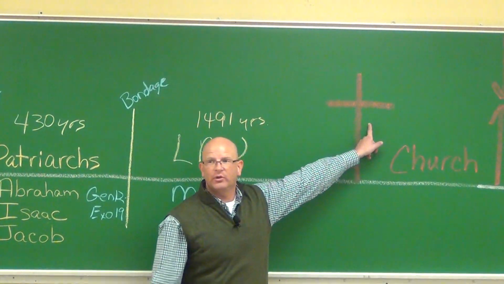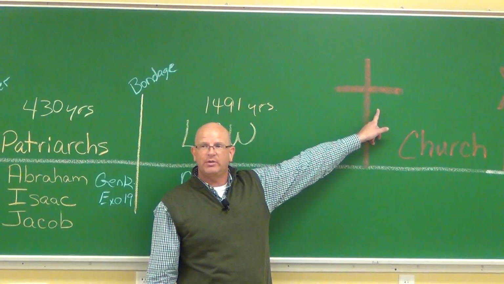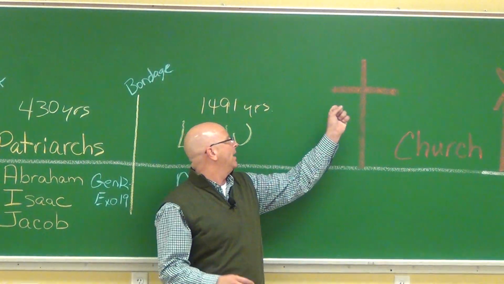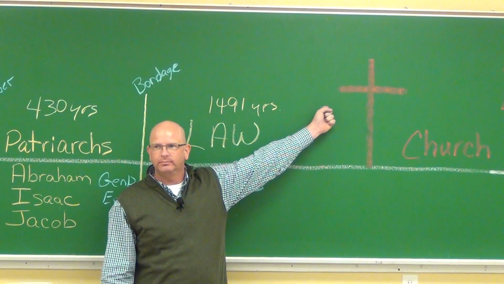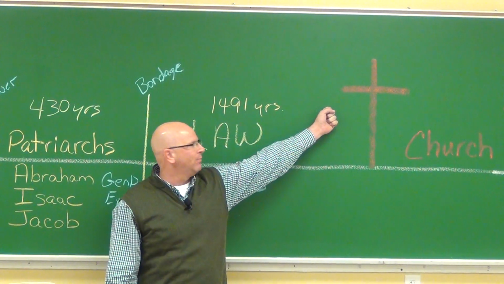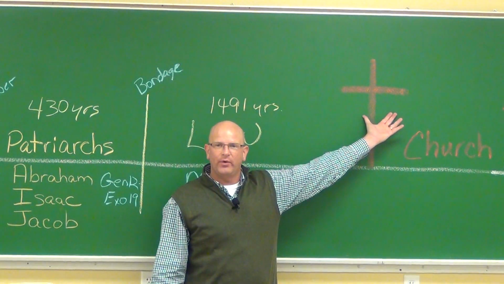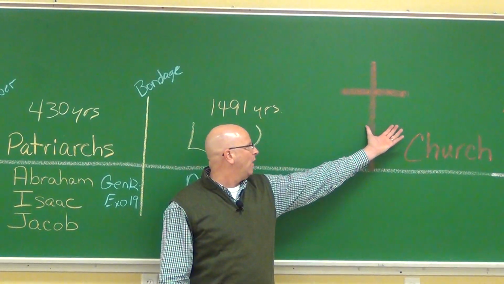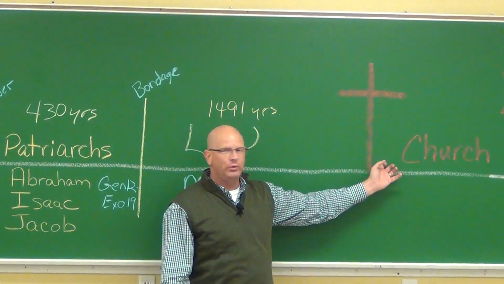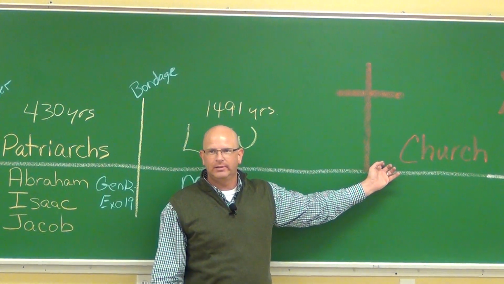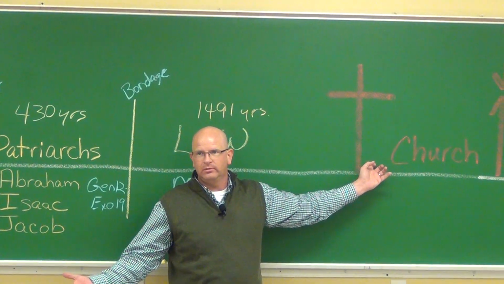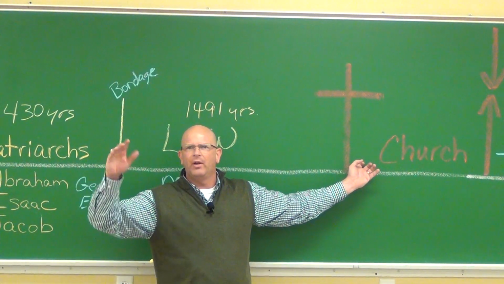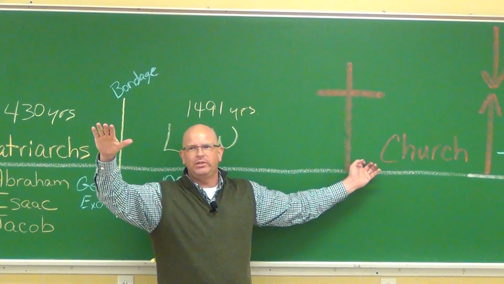Isaac's a picture of Jesus Christ, the Son. Abraham is a picture of God the Father. Abraham in the Old Testament has a Jewish wife named Sarah. Abraham has a son named Isaac that's offered up. When he offers his son up, the Jews go off the scene. The Jews today are a dead nation. Amen. You say, no, they're over there running around. I understand. But they're a dead nation.